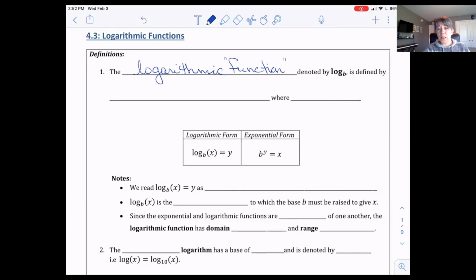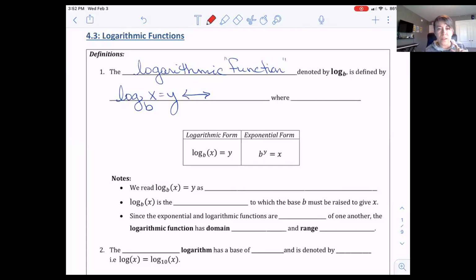It's denoted by log where there's a base b, and it's defined where if you have log of the base, written there as a subscript below near the bottom, of some argument x equals y, that can be written in exponential form. Now I call this the swirly-do definition.